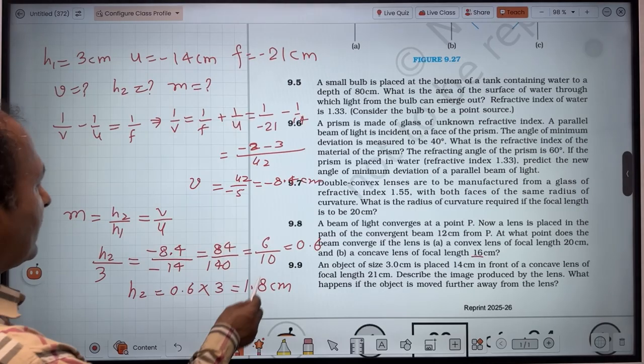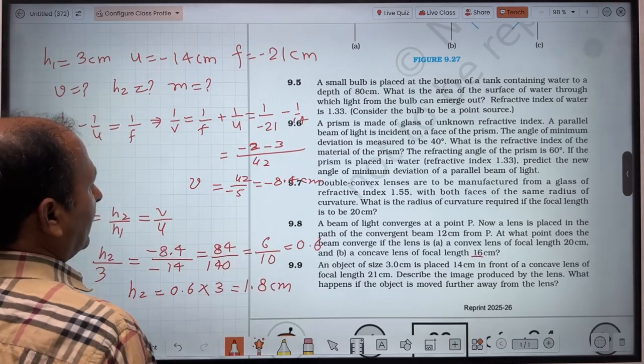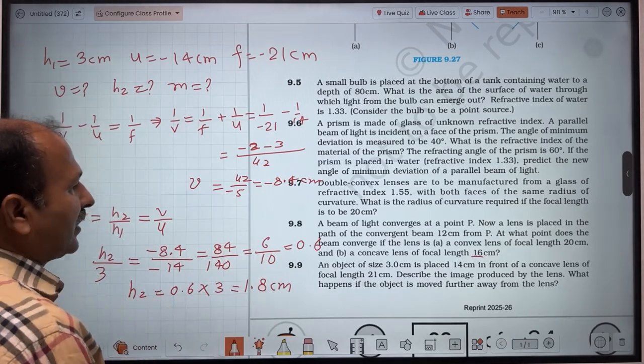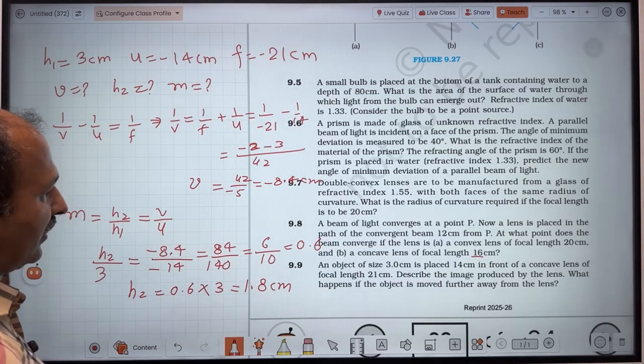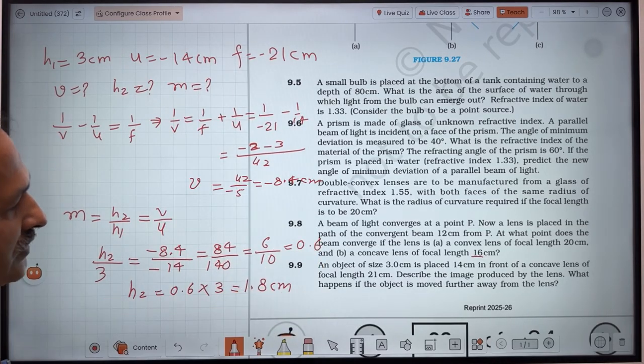And here this magnification is positive. What does this indicate? It indicates that the image is virtual and erect, and its magnitude is less than 1, which means it is diminished. Correct?